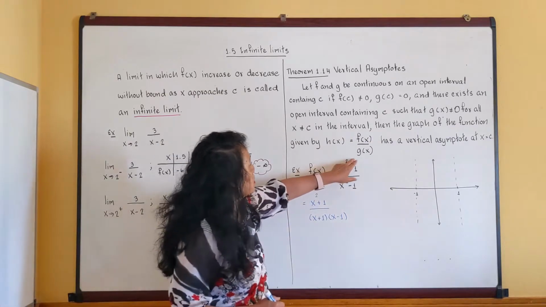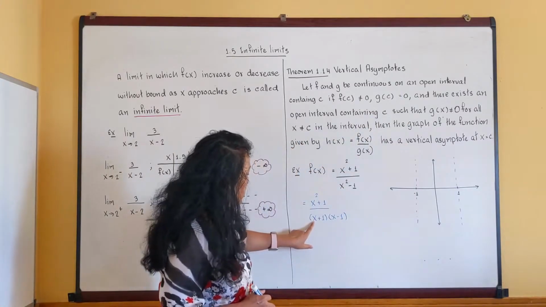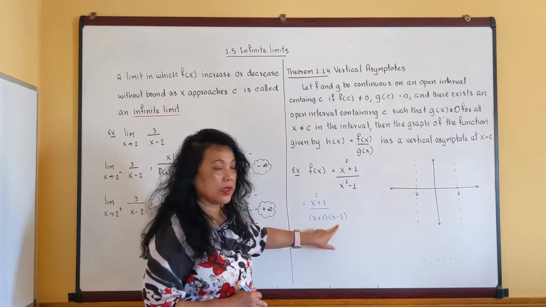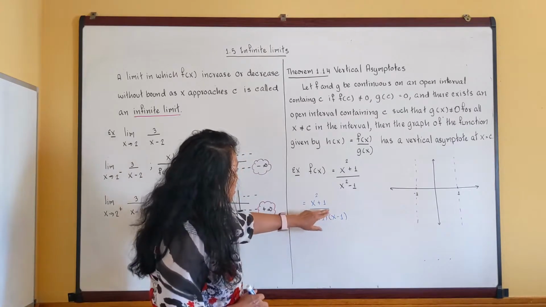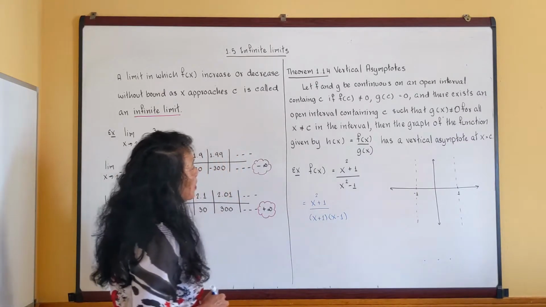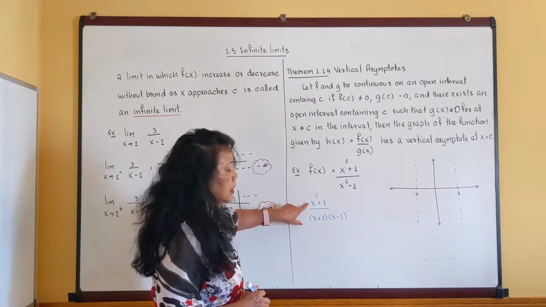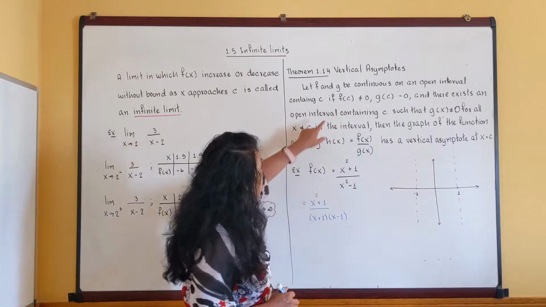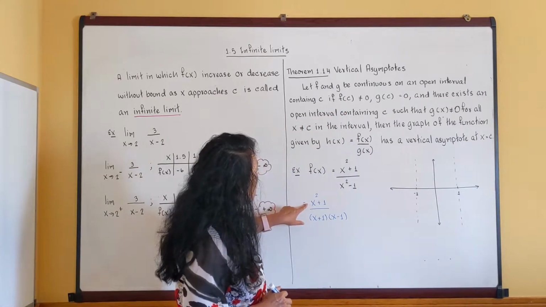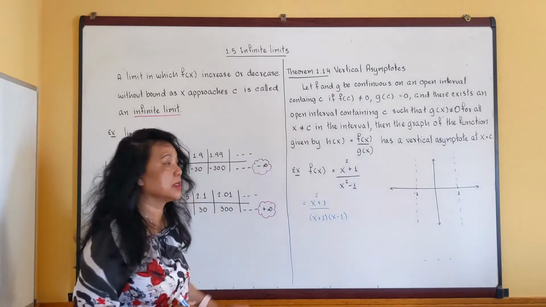G of x is equal to 0 when x equals 1 or negative 1. If x equals negative 1 or 1, your denominator will be 0. And if you plug either 1 or negative 1 into the numerator, you're not going to get 0. So if you plug in negative 1 or 1 in f of x, you're not going to get 0. That's what the theorem said.